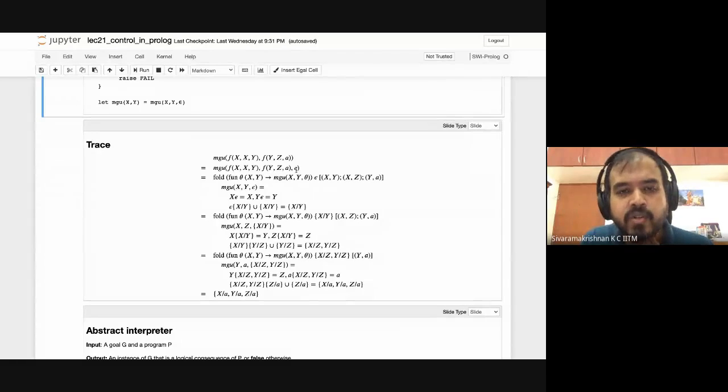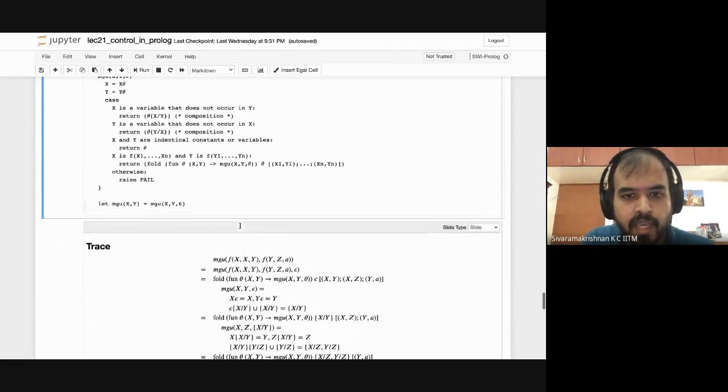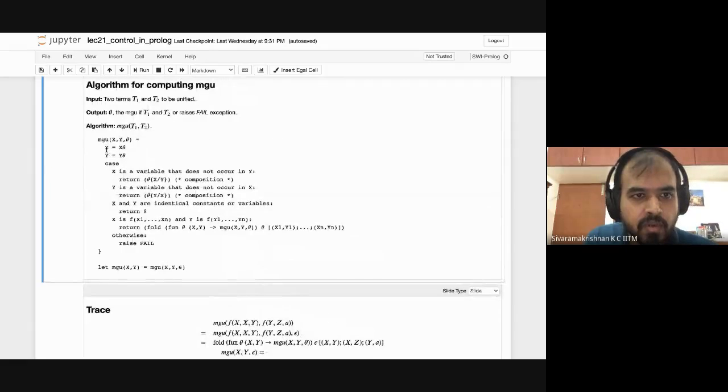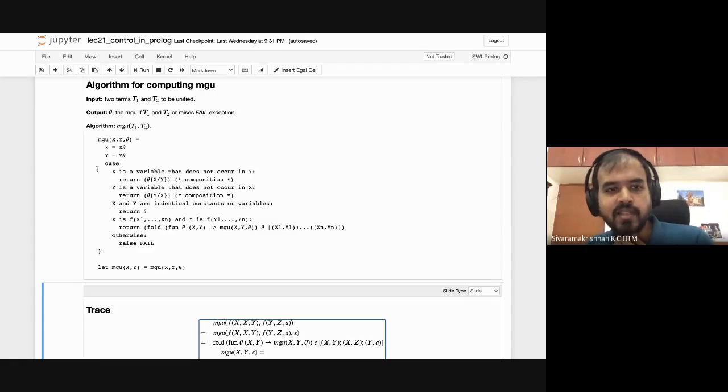So the first thing that is going to happen is we are going to apply epsilon. So if you go through here, right, x is going to be this term, this y is going to be this term. Again, I'm sort of mixing up the variable here with the meta variables here, but I think it will be clear.